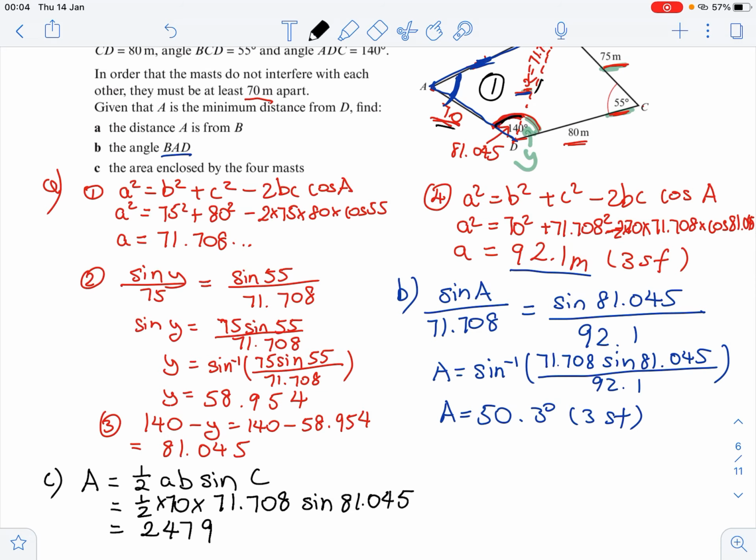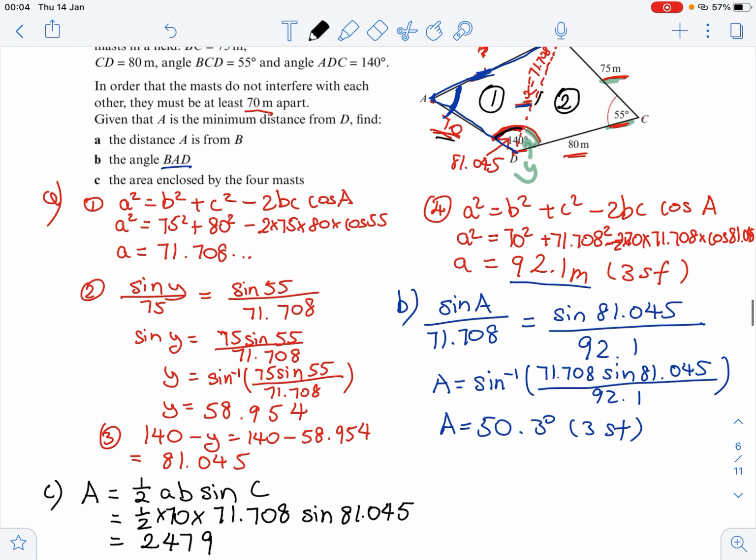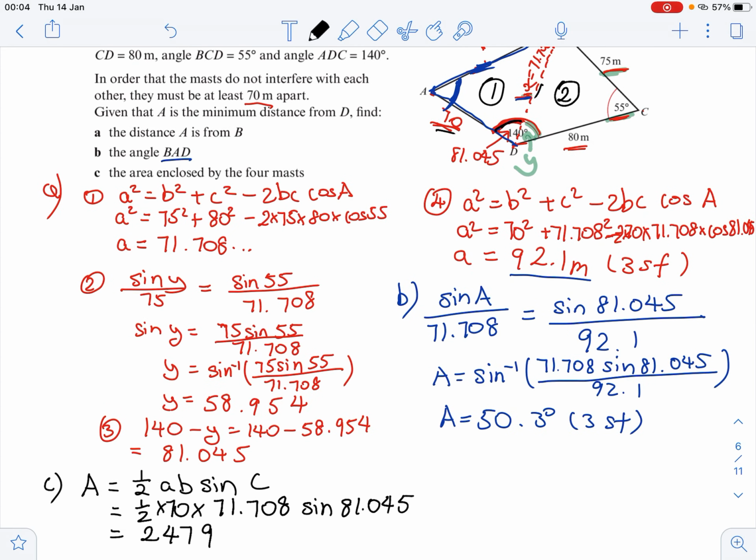Then find the area for the second triangle. Again using our formula, this is your triangle 1, and this is triangle 2.